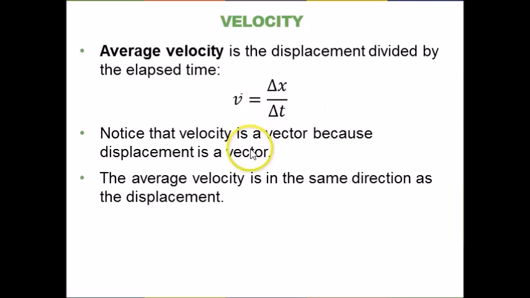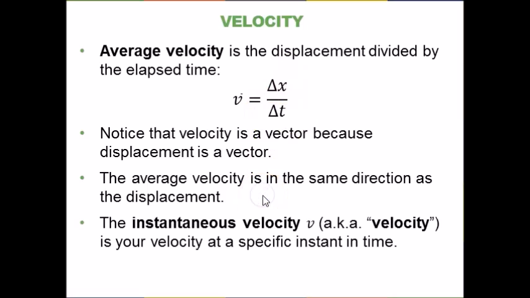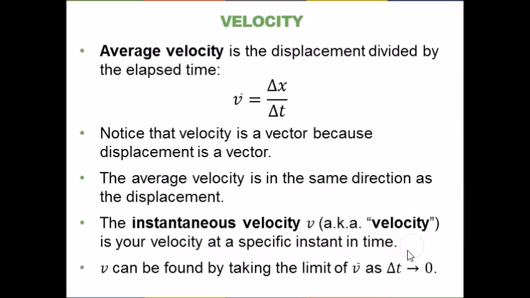So the average velocity is in the same direction as the displacement, but it's different than the displacement because it's scaled differently by the 1 over delta t. And the instantaneous velocity v, also known as velocity, is the velocity at any specific instant in time, and you can find that by taking the average velocity but taking the limit as delta t goes to 0.